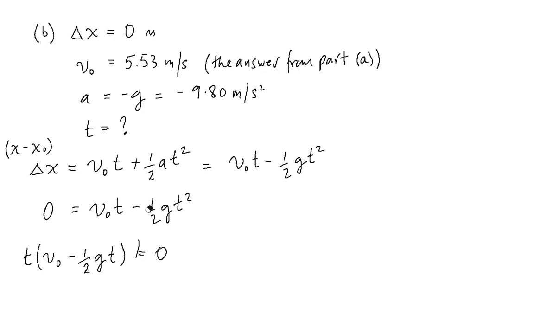One of them is t equals 0. If t equals 0, then this product is going to be 0, and so t equals 0 satisfies it. But that's just saying that you started out at a particular place, right? You started out with no displacement.